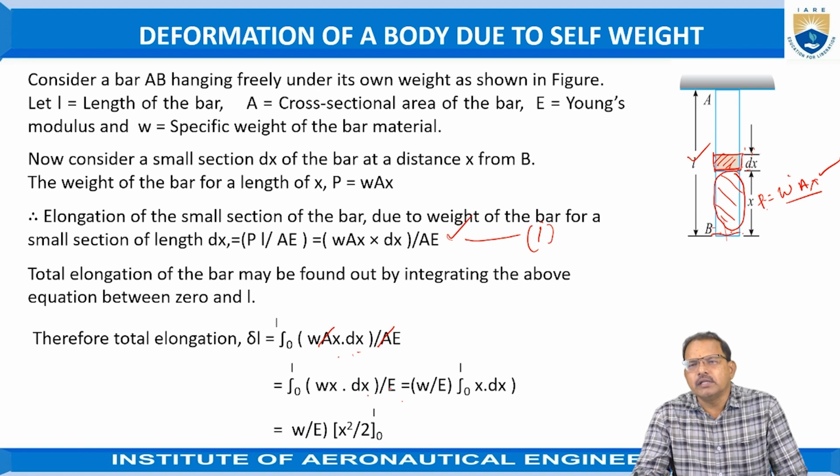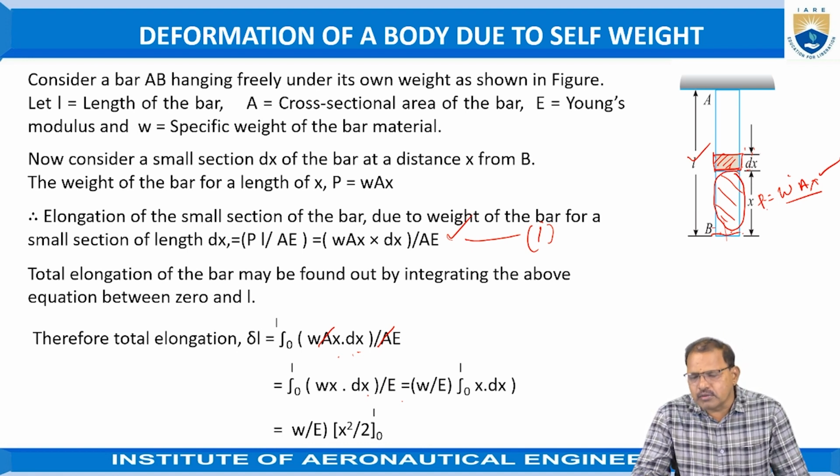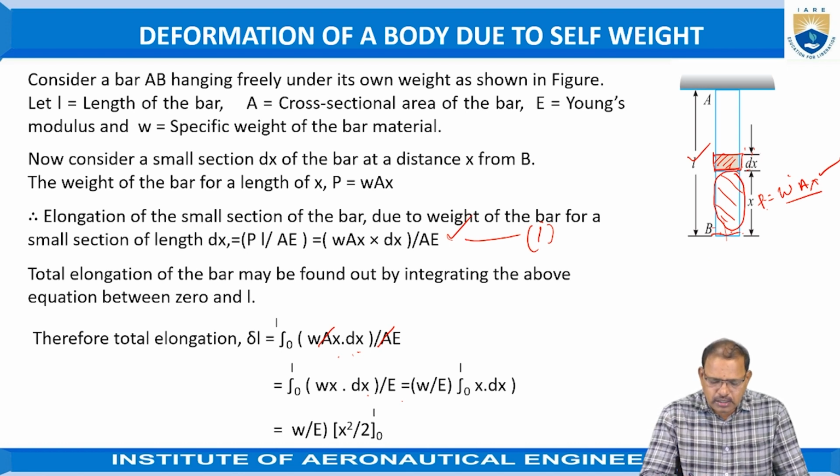Where w represents the specific weight of the material, which is constant for that particular material as well as the bar we considered, and E is the Young's modulus of the material, which is also constant. Hence the remaining integral is from 0 to L of x into dx.